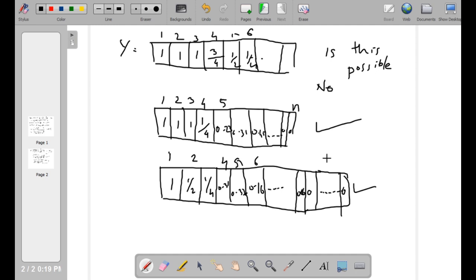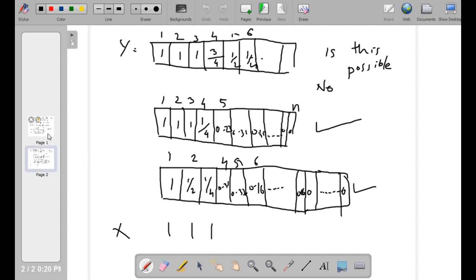Then let us check what is the difference between our solution X and the solutions proposed by person Y. See, at some point you remember X was 1 1 1.